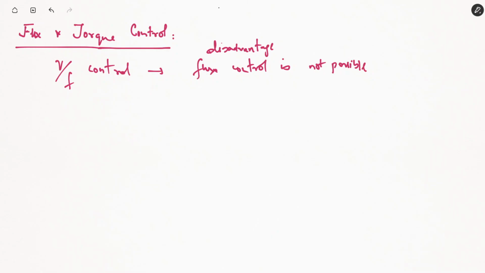So within the scalar control domain, how can we actually control flux as well as torque? We'll have a two loop control. The circuit diagram of a two loop control system will look something like this.